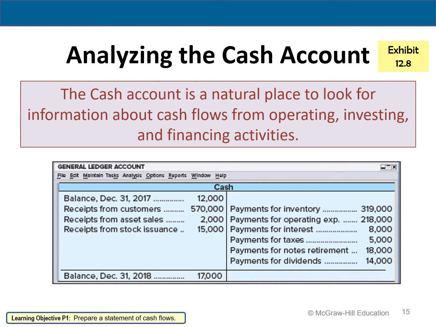All right, so analyzing the cash account. The cash account's a natural place to look for information about cash flows from the activities, right? Computing the net increase or decrease in cash is simple, but it's a very important computation. It's equal to the current period's cash balance minus the prior period's cash balance, right?